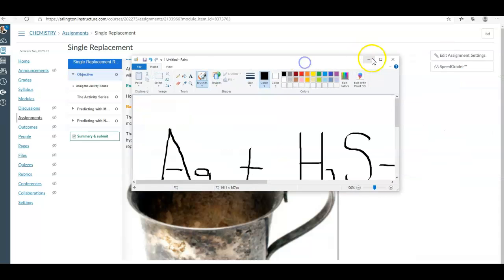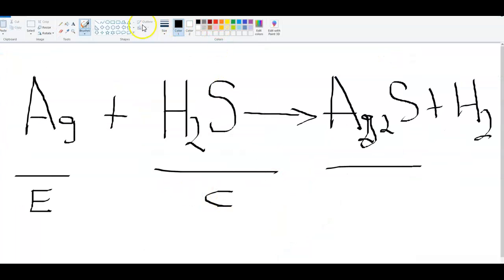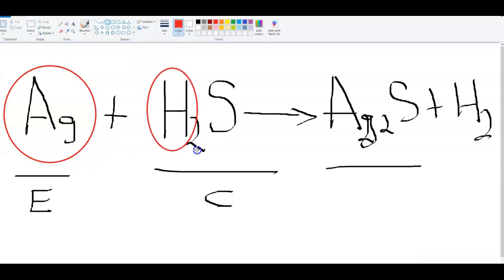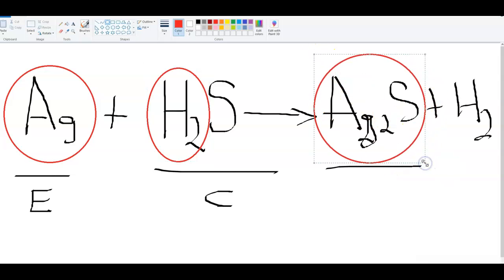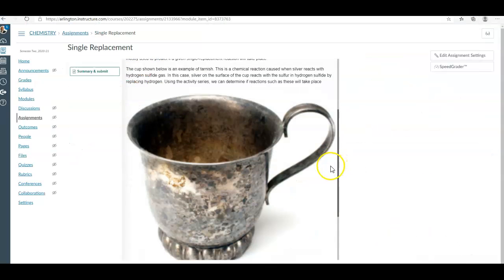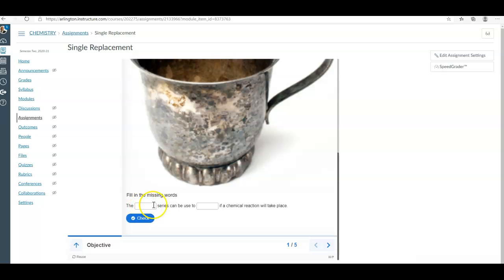So this is a single replacement reaction because the silver is replacing the hydrogen in this compound to give you silver sulfide. That's why it's called a single replacement reaction: one element replaces another element in a given compound. Now, you can fill this one out later on before you move on.